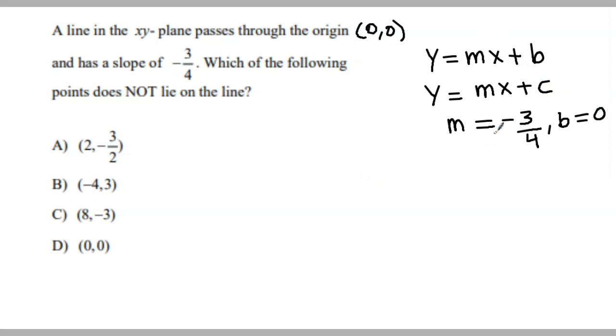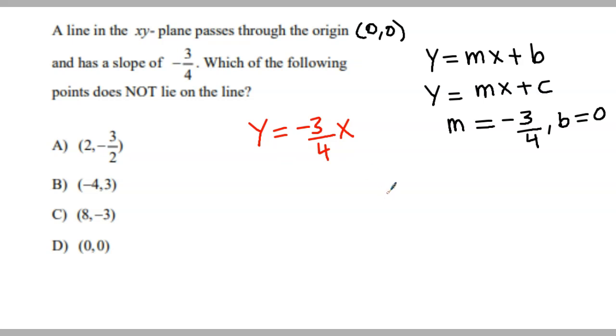That makes the work easy. So our equation of the line is y equals negative 3/4 x, as plus 0 is nothing.